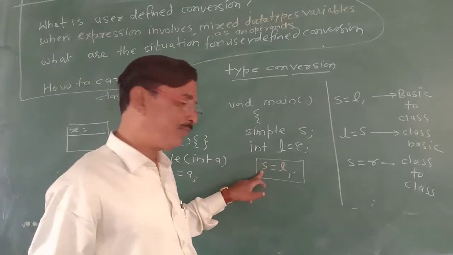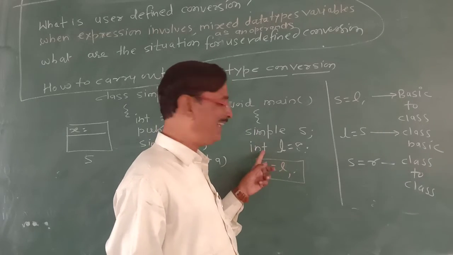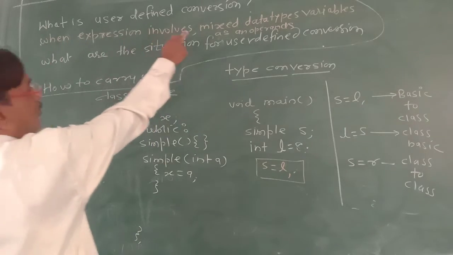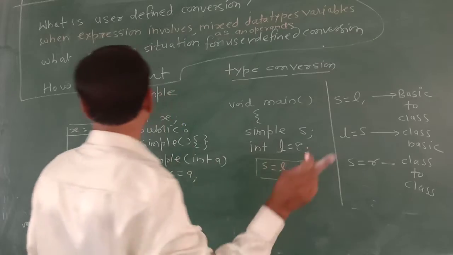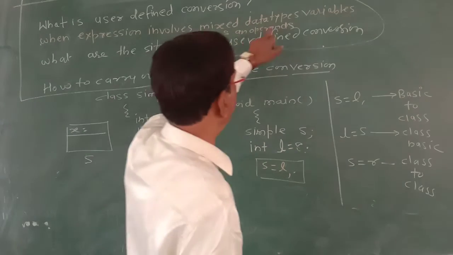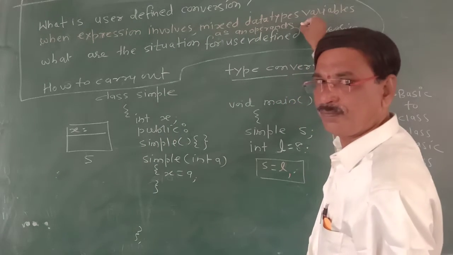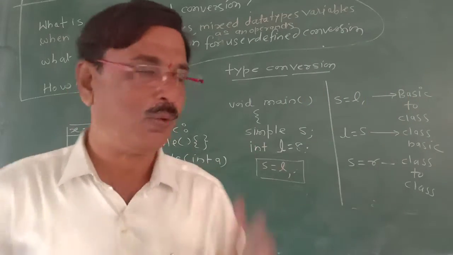This is the expression having mixed variables. One belongs to basic, that is integer, and one belongs to class. So when an expression involves mixed data type variables as operands, then we have to carry out conversion. The operator fails. Which operator fails? The assignment operator fails, and we have to carry out conversion.